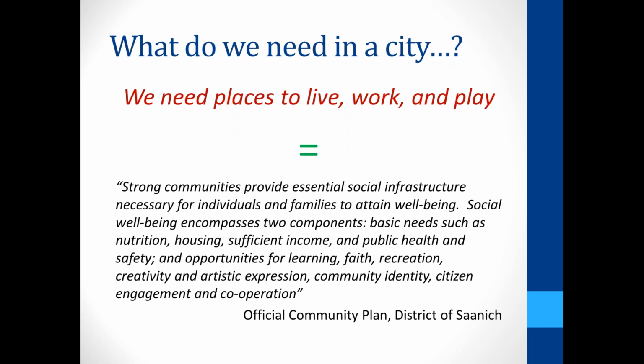Social well-being encompasses 2 components: basic needs such as nutrition, housing, sufficient income, and public health and safety, and opportunities for learning, faith, recreation, creativity, and artistic expression, community identity, citizen engagement, and cooperation. I think that sounds pretty nice.